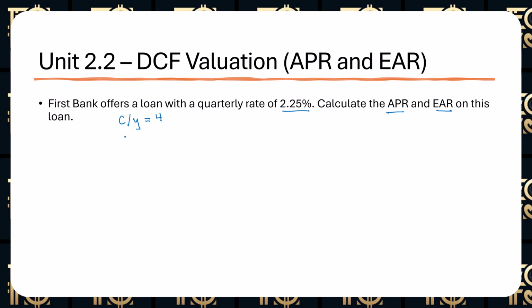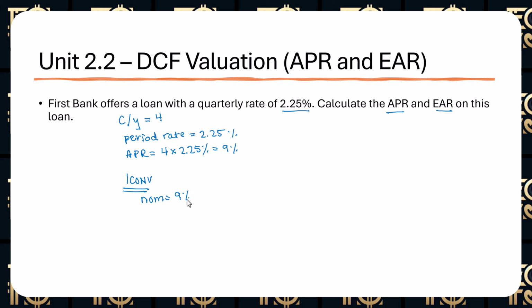We know our period rate, which is quarterly, is 2.25%. So my APR is simply 4 times 2.25%, or 9%.